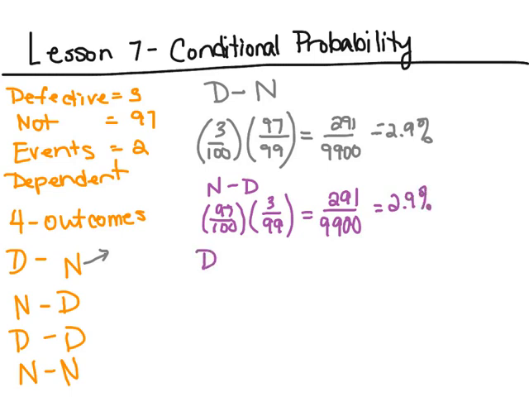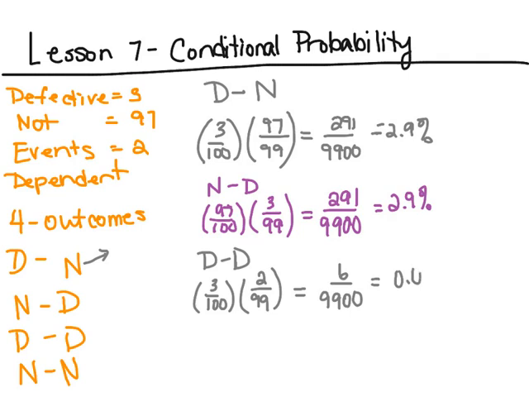Now we're going to do defective, defective. So if they're both defective, the first defective one's probability is 3 out of 100. The second one is 2 out of 99. So this would be the same as 6 out of 9,900, which is 0.06%.